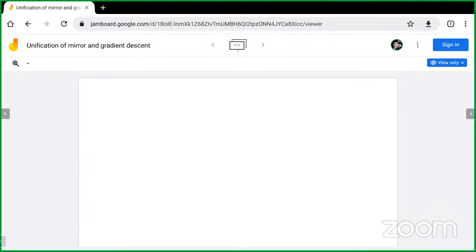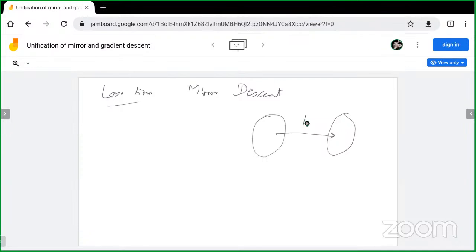So last time we covered some ideas about mirror descent, and in particular we looked at a particular view of mirror descent where you use a function h between the original space, the space where your iterates lie, and the space where your gradients lie.